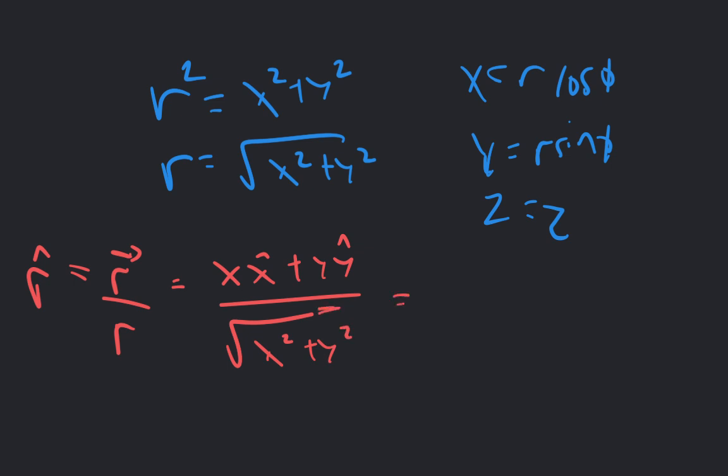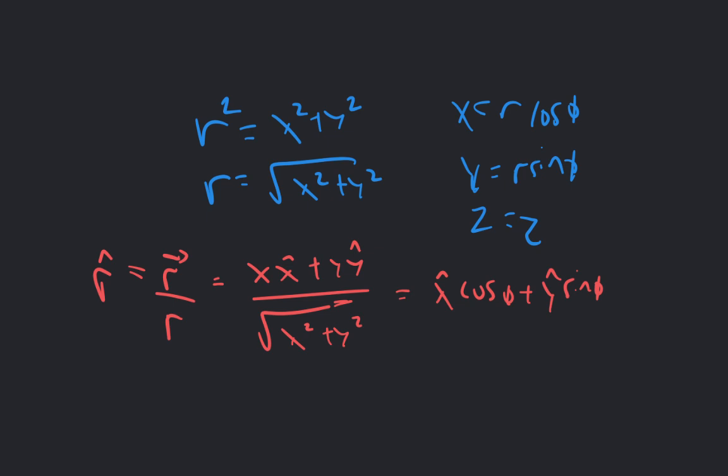And this is going to be x unit cosine phi plus y unit sine of phi. So as you can see, our r unit is not constant. It is changing based on the location of phi.